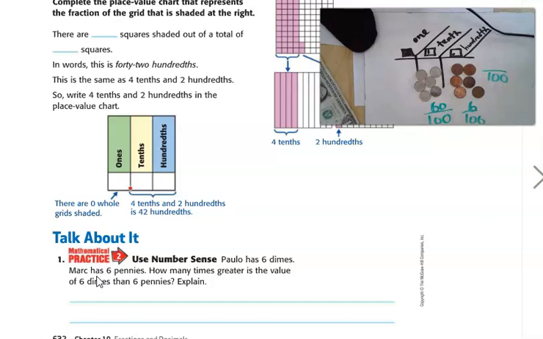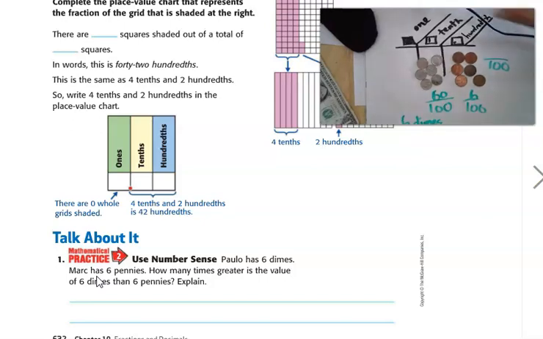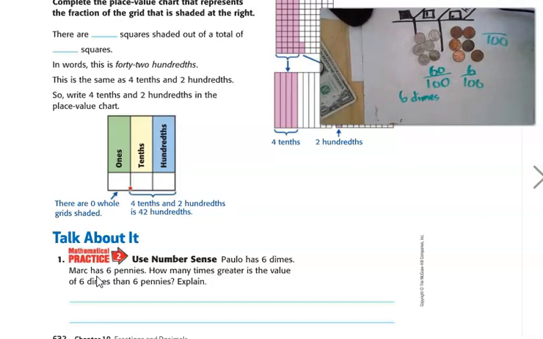So that means 6 dimes is 10 times greater in value than 6 pennies.